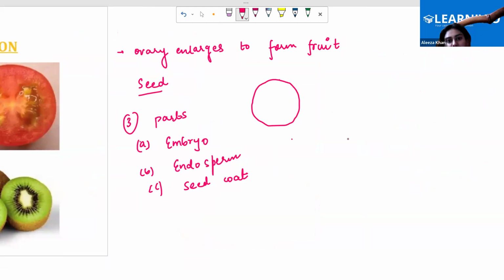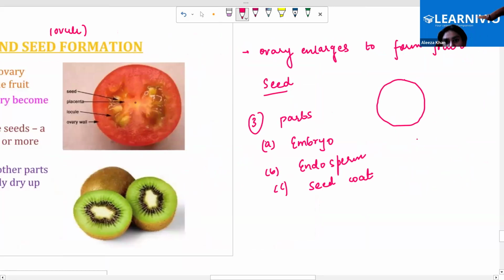It's just the parts they are telling, that it is the seed, placenta, locule, ovary wall, all of them are the parts. So you need to just write the parts of the seed and write this point, ovary enlarges to form fruit. Okay, ma'am. Embryo.